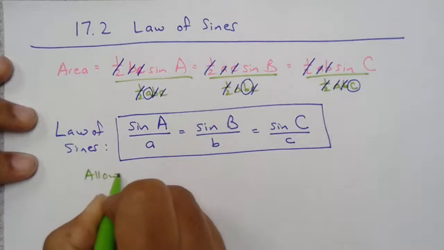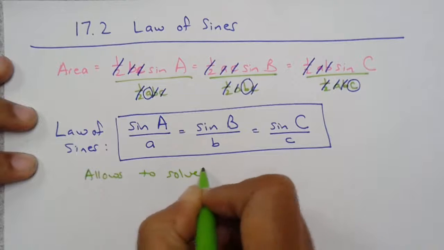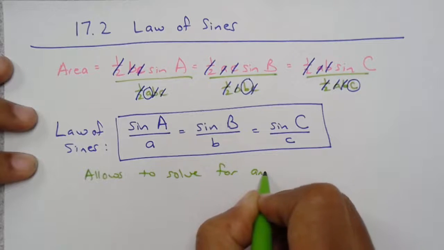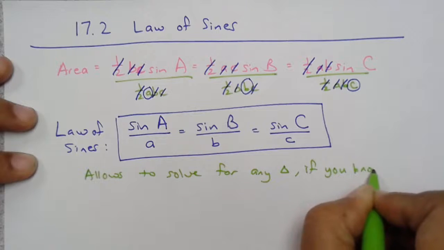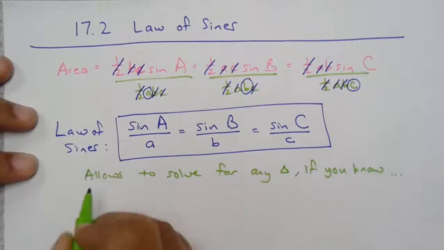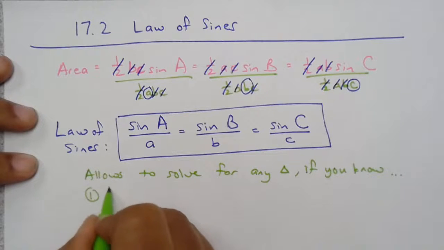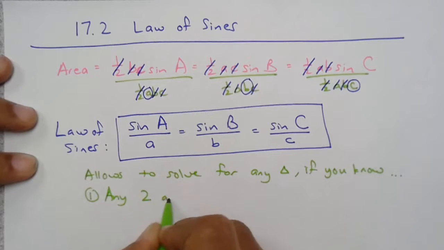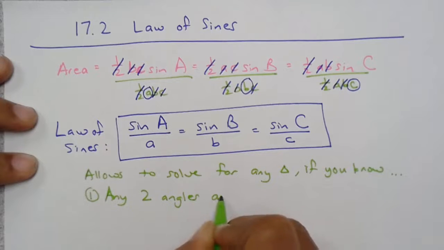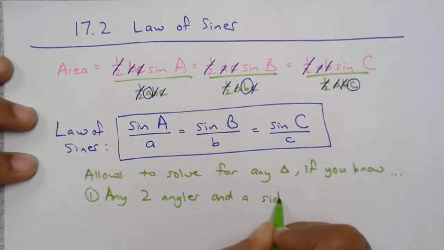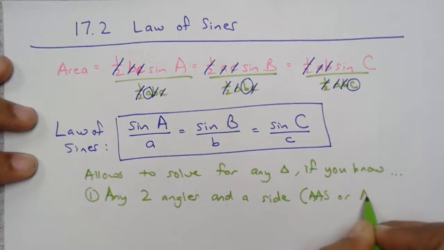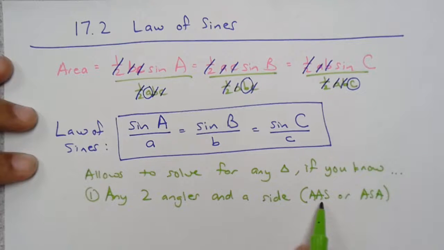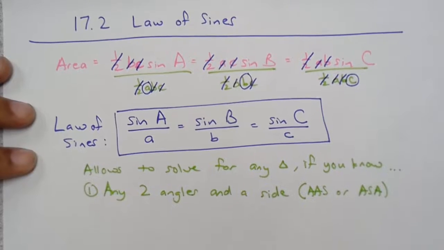So this allows us to solve for any triangle if you know, this is the first case scenario, any two angles and a side. Shortcut for writing that is angle, angle, side, or angle, side, angle. So the side could be either not between or in between the two angles.